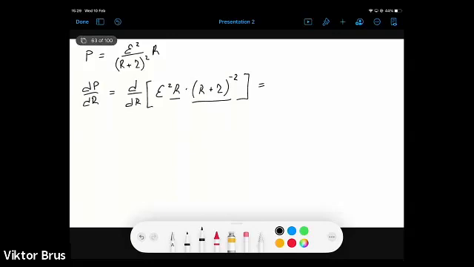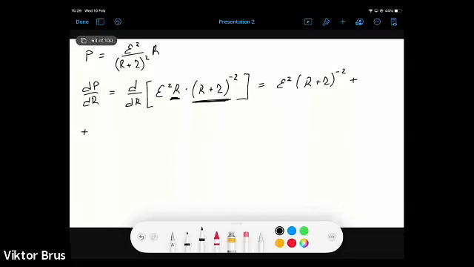First we will differentiate this R. So it will be just epsilon square times (R plus r) in the power of -2. And then we need to add the derivative when we differentiate this function.